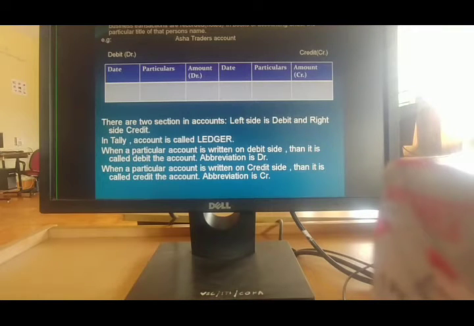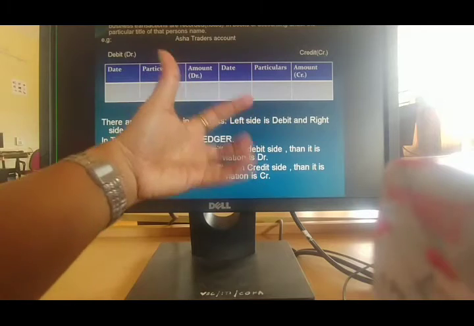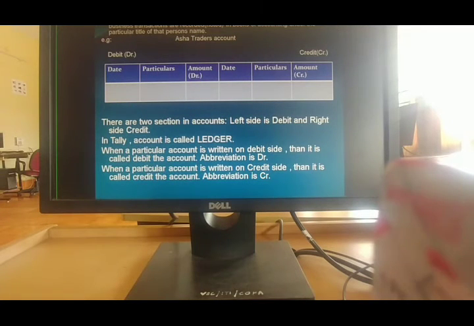If rupees 5,000 is debited from your account, it means it has been deducted from your account. And if rupees 5,000 is credited to your bank account, that means you are getting a 5,000 salary, or the bank has deposited rupees 5,000 into your account.